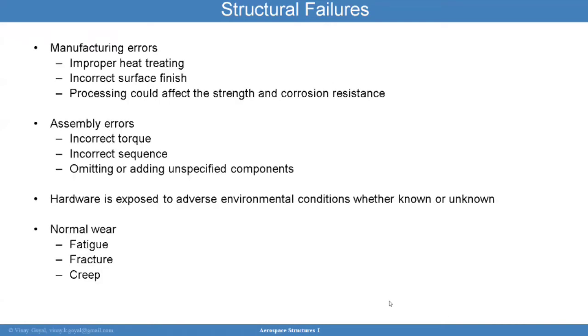Structural failures also occur due to manufacturing errors, such as improper heat treatment. You chose a wrong heat treatment that caused the metals to have lower strength than what you had required in the design. You could have the incorrect surface finish. The surface finish during the test program could have been a very nice surface finish with very little roughness.